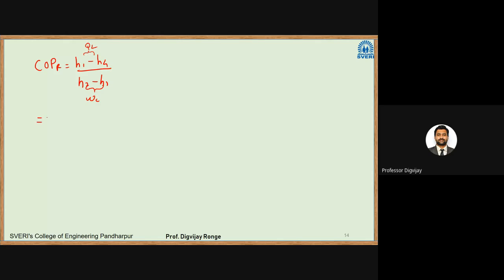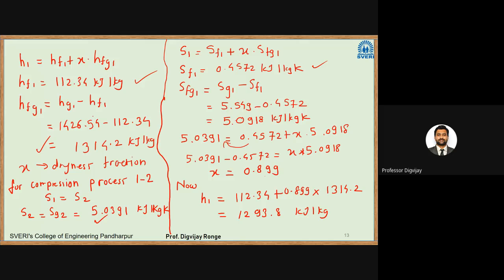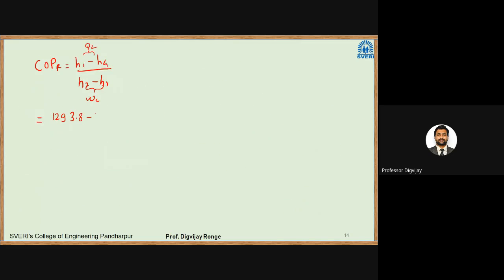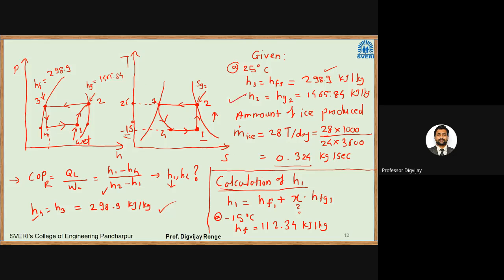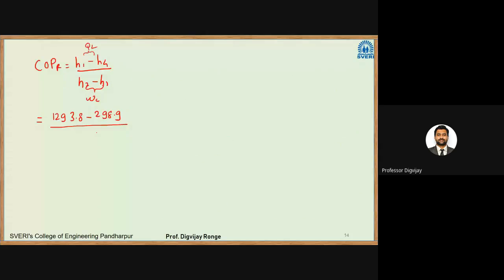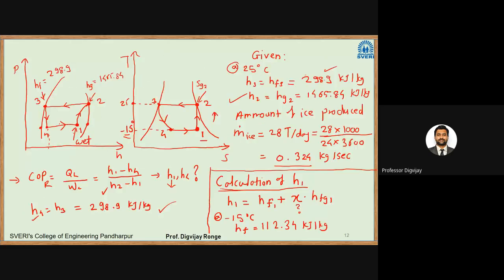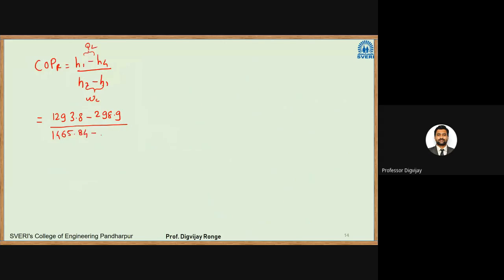So put the values here. H1 we have calculated now, that is 1293.8 minus H4. How much is H4? 298.9. Divided by H2 minus H1. Where is H2? It is given in the example, that is 1465.84. 1465.84 minus H1, that is again 1293.8.